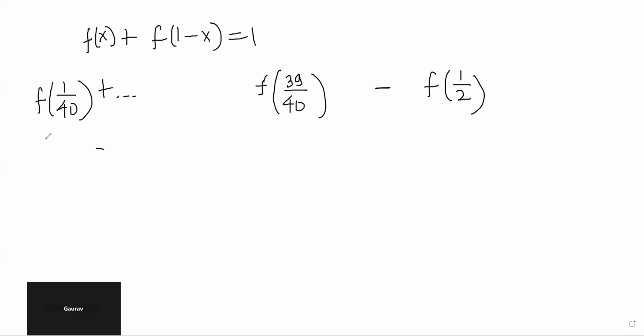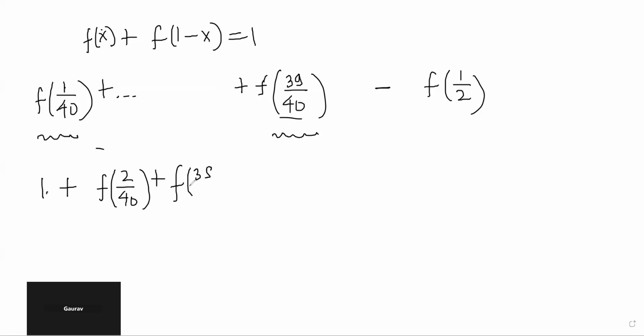So 1 by 40 and 39 by 40 are such that if you add them, it becomes 1, right? So you can group them together and they will add to 1. Similarly, 2 by 40 and 38 by 40 will again group together, it will become 1.